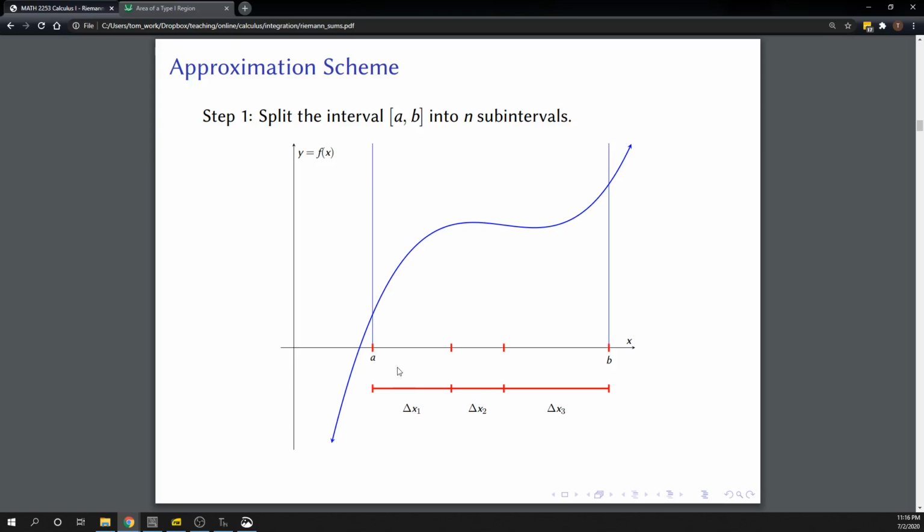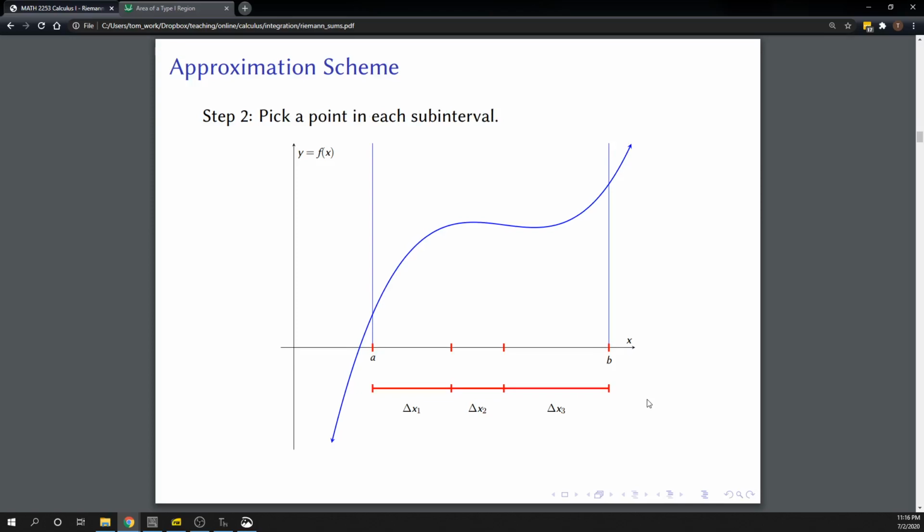I have to use delta x1 for the width of the first interval, delta x2 for the width of the second interval, and delta x3 for the width of the third interval. These are just numbers, so delta x1 might be 2 if this were 2 units across, delta x2 might be 1 if it were 1 unit across, and delta x3 might be 3 if this were 3 units across. Whatever numbers they are, we just need to write them down because we're going to use those to calculate the areas later.